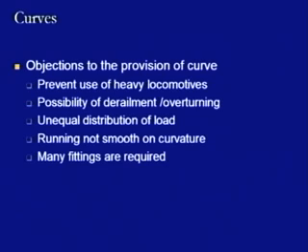Because they are bigger in size, there is lesser flexibility in operating on any such type of curve. Another problem which can be associated here is the possibility of derailment or overturning.